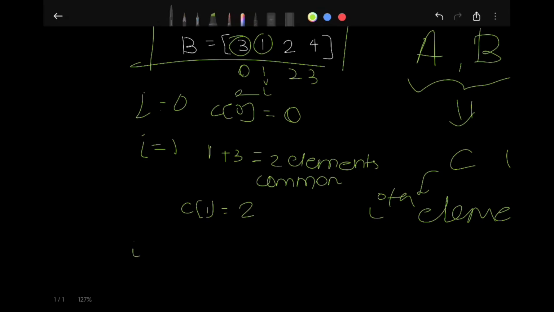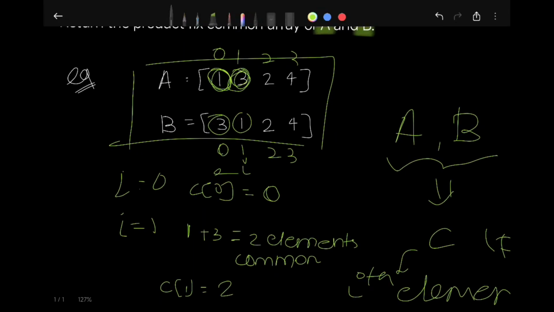Likewise, if we jump to i equals 2, then at the second index we have 2 in B, and likewise we have 2 in A. Since at i equals 1 we had two elements in common, if we move to i equals 2 we also get 2 as our common element.